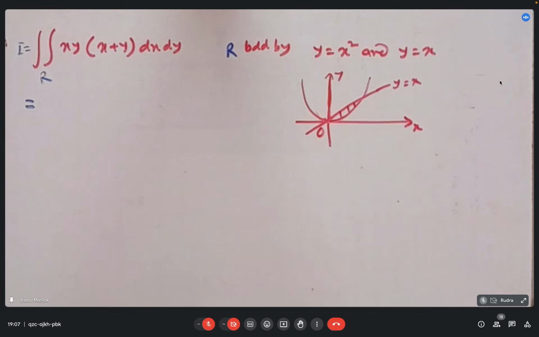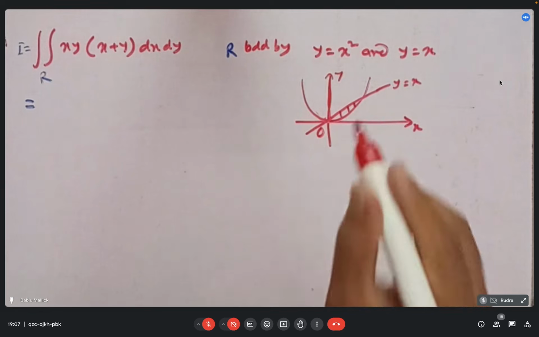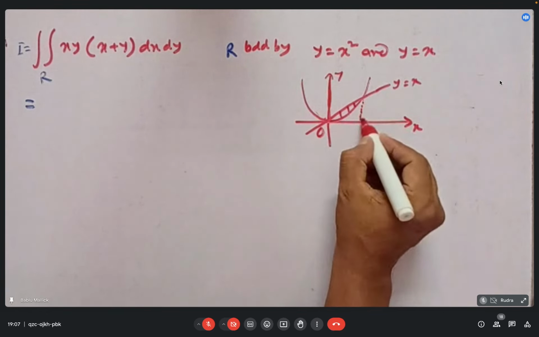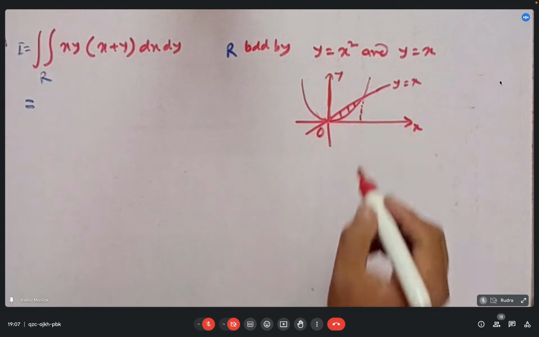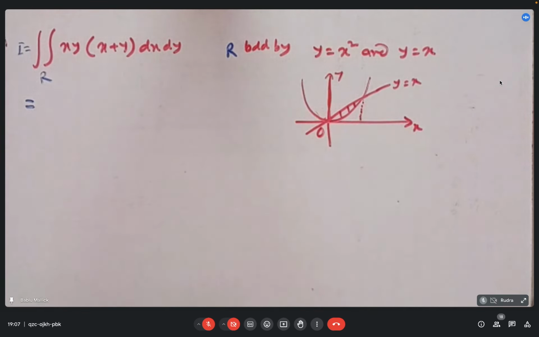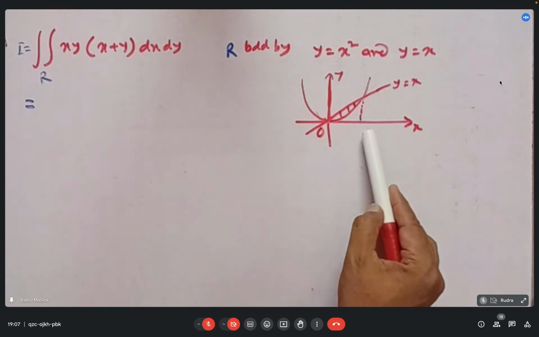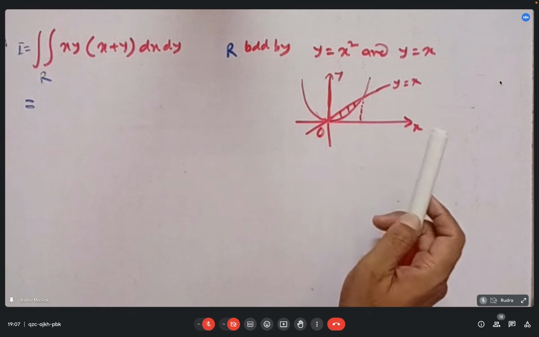So here you have to find the complete limit of x and y. Here I shall draw the perpendicular. If you solve these two equations, we will get the x coordinate here.